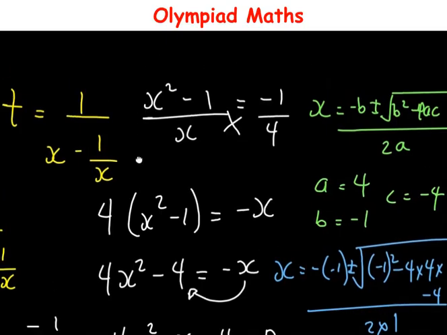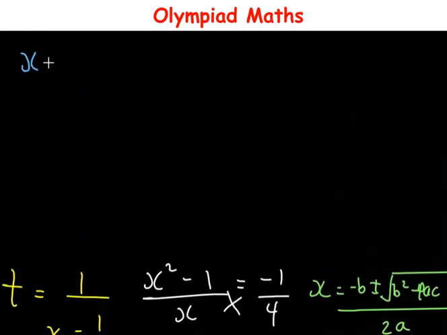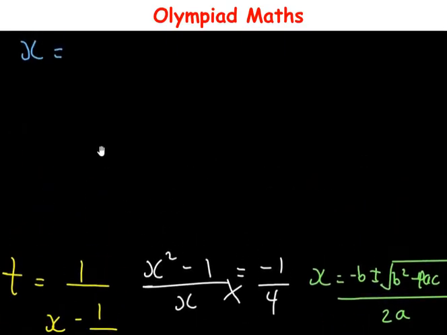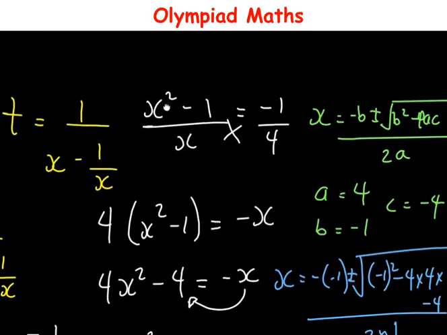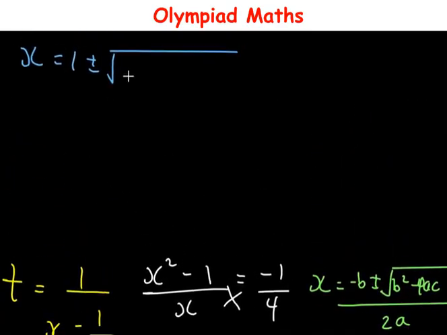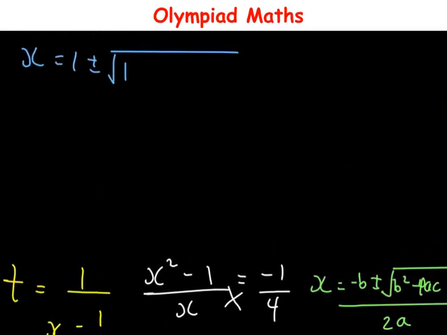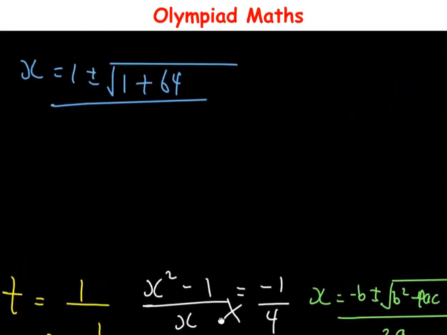And solving this right here, we have it that the value of x is equal to, from here, minus times minus 1 is plus 1, plus or minus square root of minus 1 squared, the value is equal to 1. Then minus 4 times 4, that is minus 16, times minus 4, that will give us plus 64. So writing down plus 64 all over 2 times 1, which is 2.